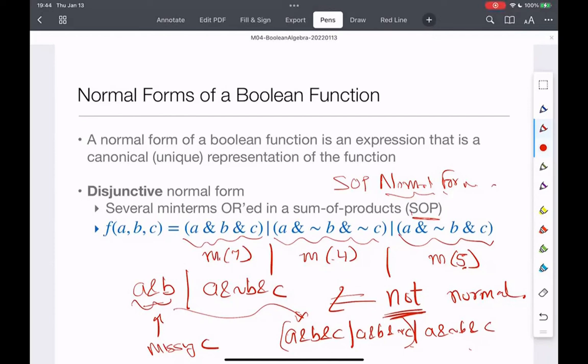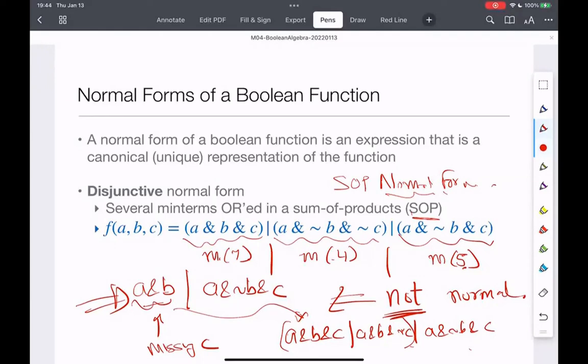A very common mistake I've seen in previous years is that you may visit some other website, and it may call this a disjunctive normal form. No, it is not, and we'll not accept it, okay? Whenever we say disjunctive normal form, it has to be min terms which are ORed together.